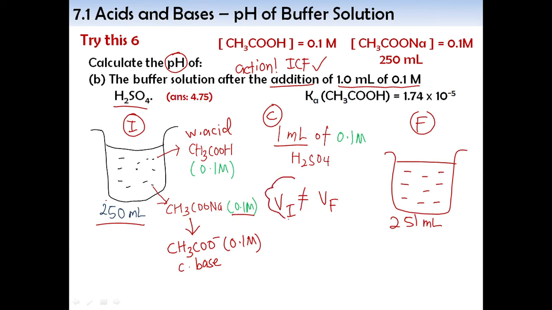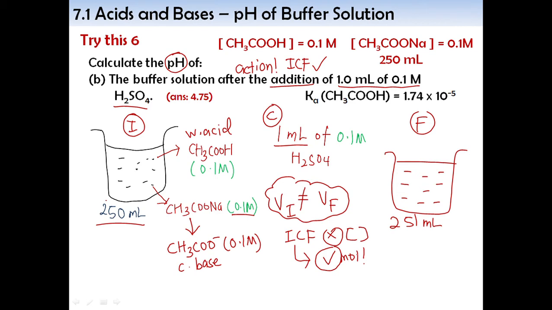Bila awak jumpa keadaan yang macam ini, okay, you still need to construct ICF table, but no longer in concentration. Your ICF table mesti dalam bentuk mole. Jadinya sekarang kalau awak jumpa V initial is not equals to V final, you must construct ICF in mole.